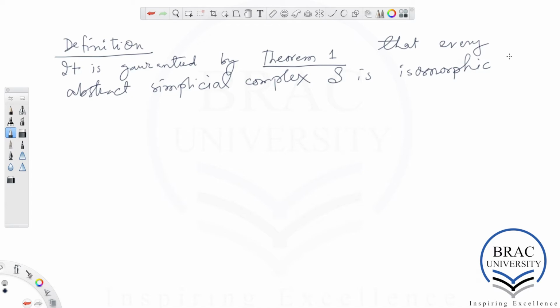The isomorphism between two simplicial complexes is already defined earlier in lemma 2, right?